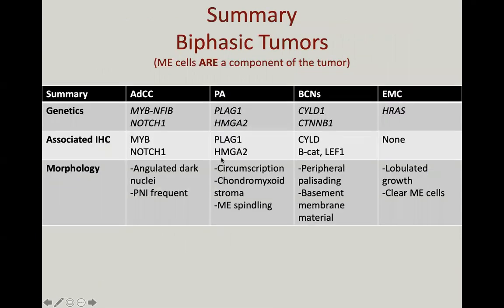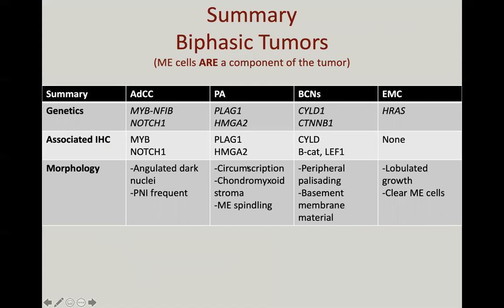And we'll talk more about this later, but just always keep this one in mind as another biphasic type of tumor. Okay, so here are the biphasic tumors in which myoepithelial cells or basal cells are a component, right? Adenoid cystic, pleomorphic adenoma, any of your basal cell neoplasms, adenoma or carcinoma, and epimyoep. Things that might differentiate them morphologically include the angulated dark nuclei of adenoid cystic with very frequent perineural invasion.